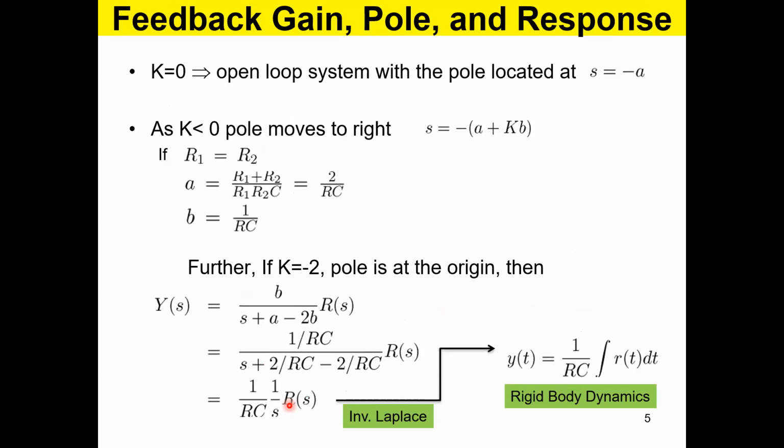So now we are going to do a bit more extensive analysis of what is happening if you change K. For example, the easiest one to start with is K equals 0. If there's no K, it's an open loop.